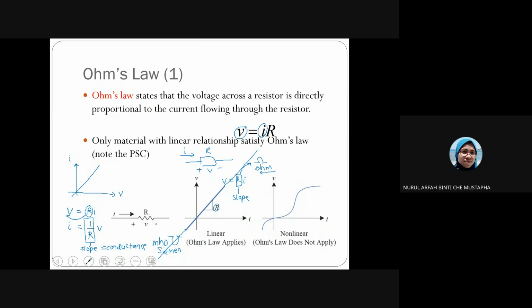You need to place the current at a current voltage, bring it to the left side. The current into V. And when you have this, the slope is what we call conductance.